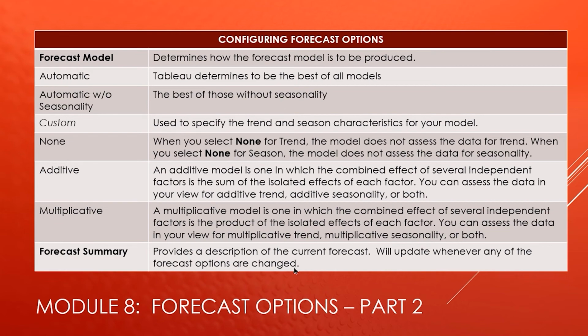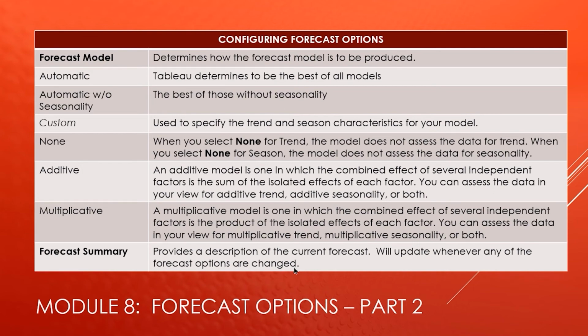And then you have a custom option, which is used to specify the trend and season characteristics for your model. The choices for trend and season are none, additive, and multiplicative. When you select none for trend, the model does not assess the data for trend. When you select none for season, the model does not assess the data for seasonality.